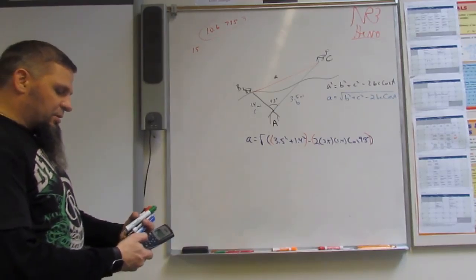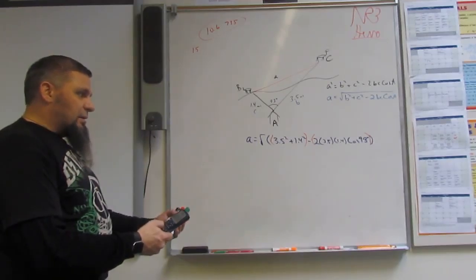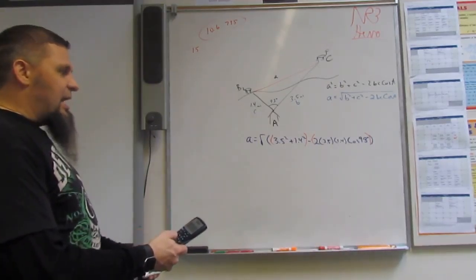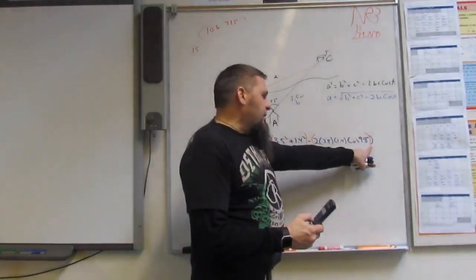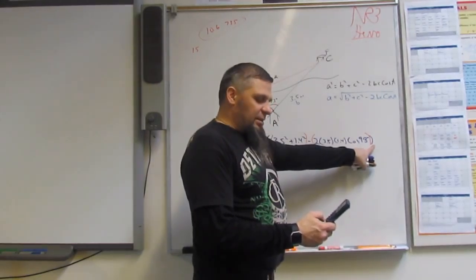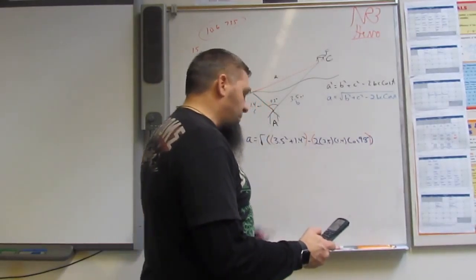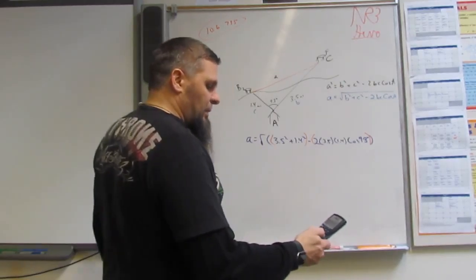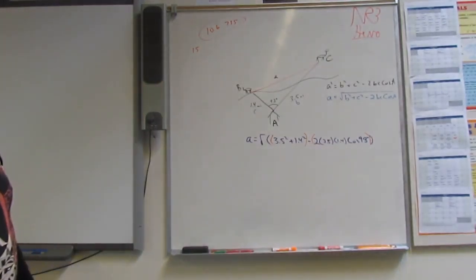Now when I put the cosine in, there's a parentheses there, right? So I have to end that one, plus I have to end this one, plus I have to end the original one. Is that right? Okay?